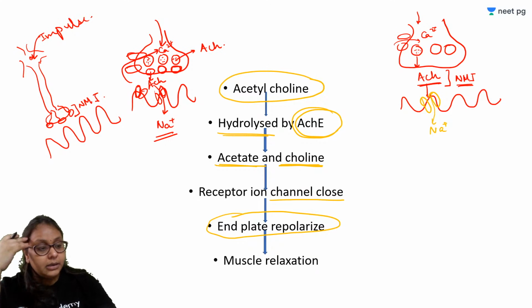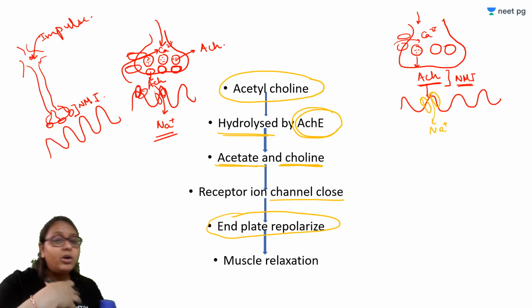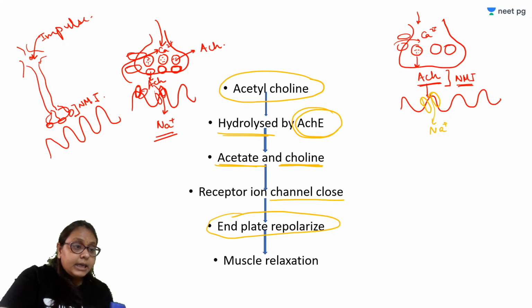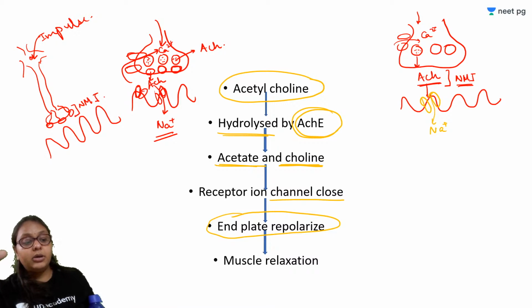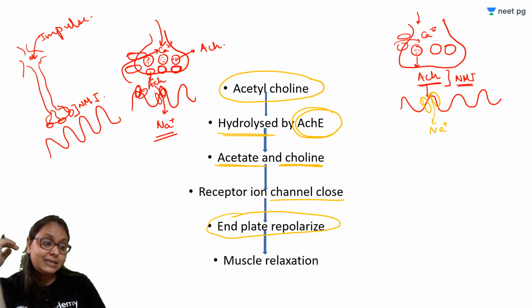Is it clear? सोडियम जब इन्फ्लक्स हो रहा था तो डीपोलराइजेशन हो रहा था, और उसके बाद मसल का कॉन्ट्रैक्शन हो रहा था. मगर नॉर्मल स्टेट में ये जो एसिटाइलकोलिन होता है, it is hydrolyzed by the acetylcholinesterase enzyme, and the end plate will repolarize, and there will be muscle relaxation.